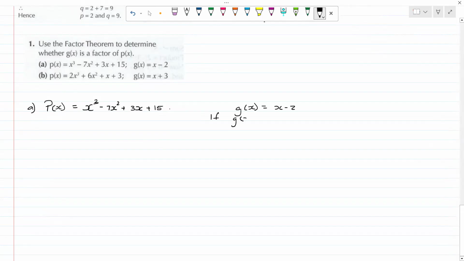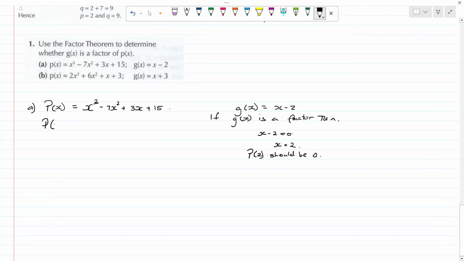If g of x is a factor, then we take x minus 2, set that equal to 0, x is equal to 2. Then p of 2 should be equal to 0. Right? So we're going to test that.